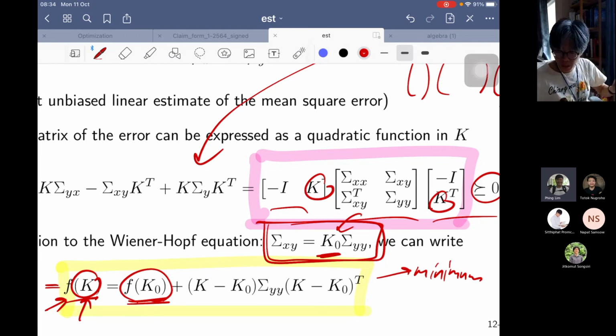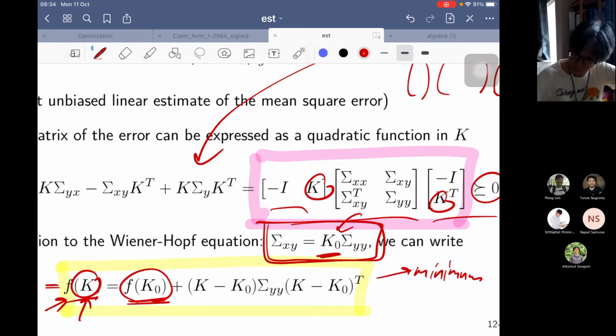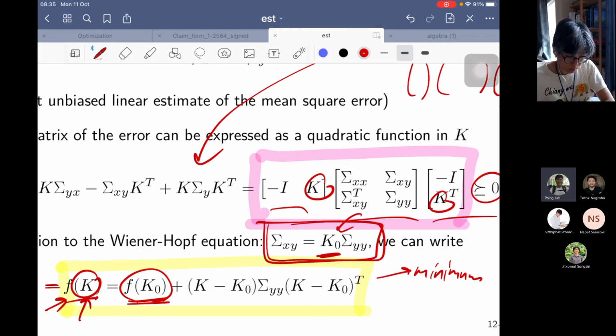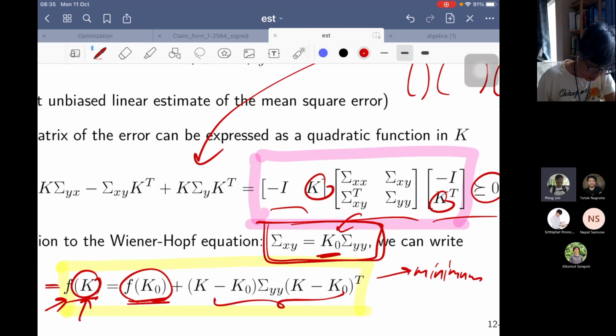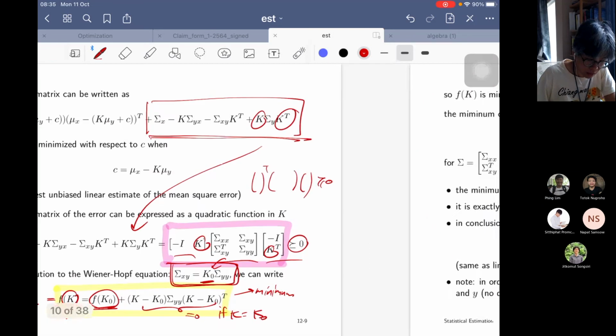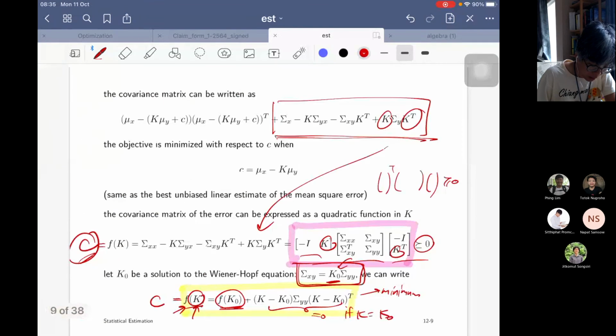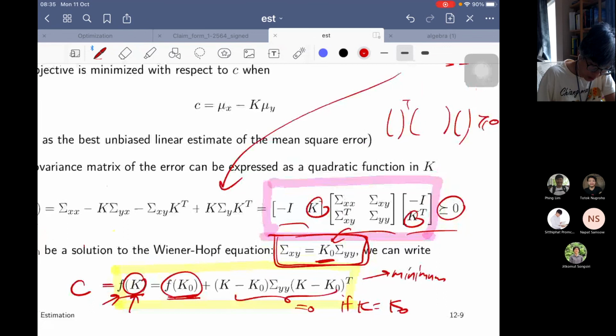We should pick K to be K0 because it will minimize f of K, because the second term will be 0 when K equals K0. This is the result: if you want the minimum covariance estimator, you pick K to be K0, and K0 is solved from the Wiener-Hopf equation.